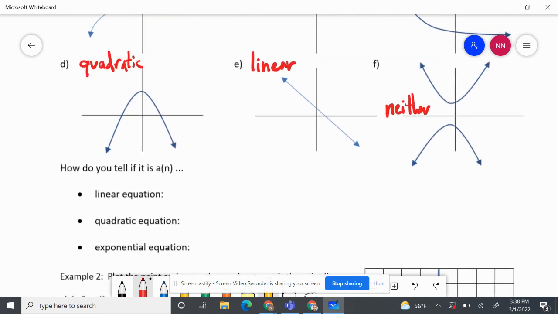So what we're going to do is determine how we can tell if it's a linear equation. A linear equation is going to be a straight line. A quadratic equation is going to look like a U, or you could even say it looks like an N. An exponential equation has a curve.